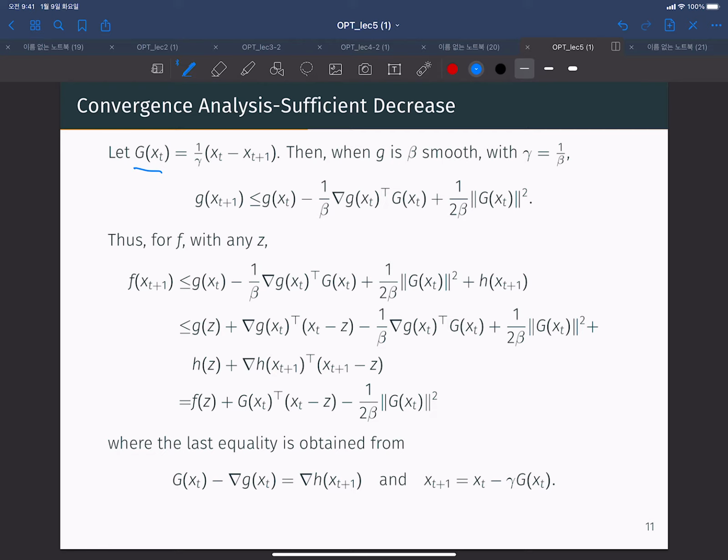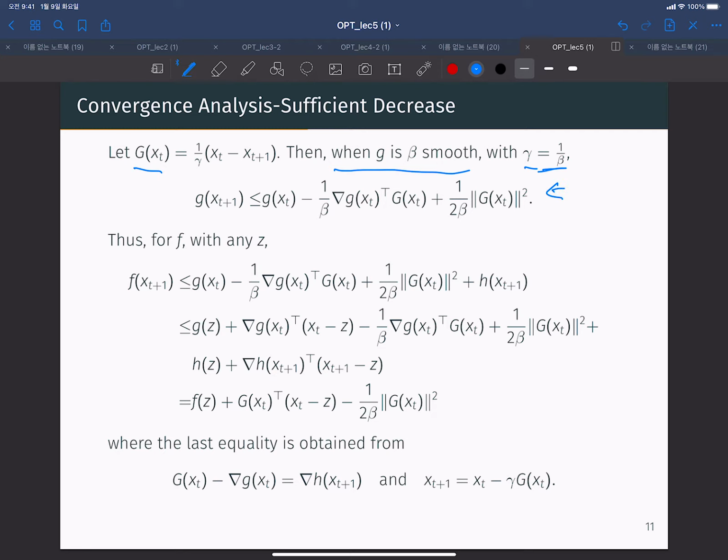Let's assume g is beta smooth. When g is beta smooth, I will set the step size gamma equal to 1 over beta, and I will analyze with this learning rate, we will have very nice convergence.